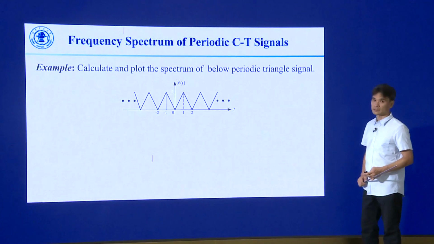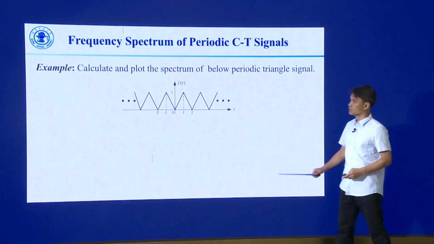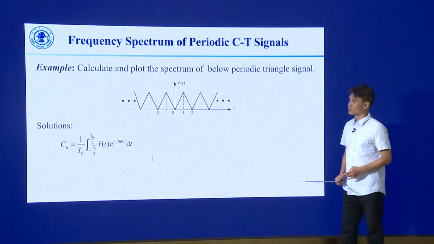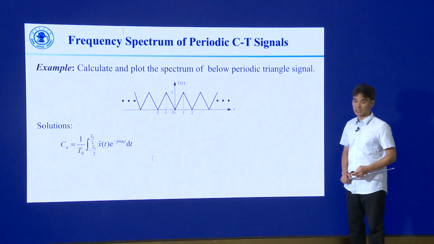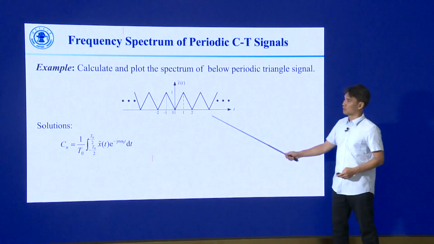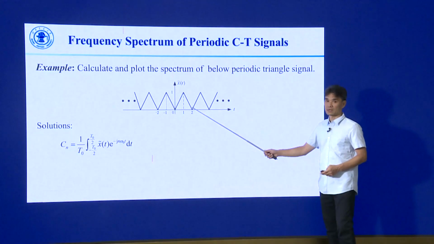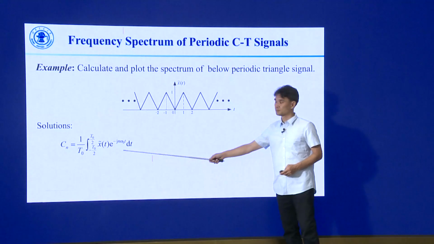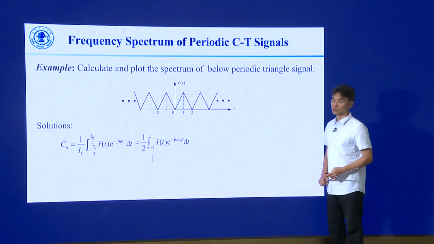In the second example, how can we evaluate the spectrum of this periodic triangle signal? Again, we can use the same technique. We just plug the definition of the periodic signal into the definition of spectrum. And this is quite straightforward.